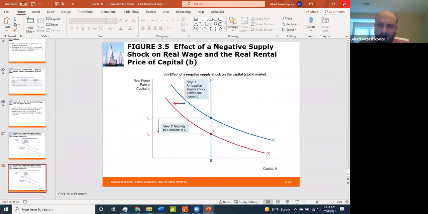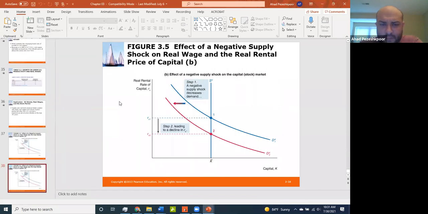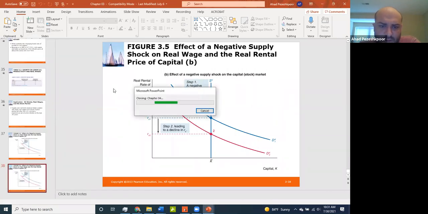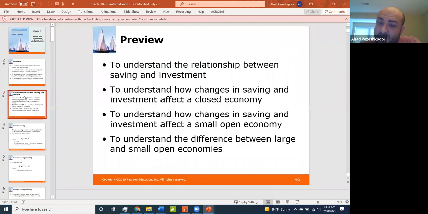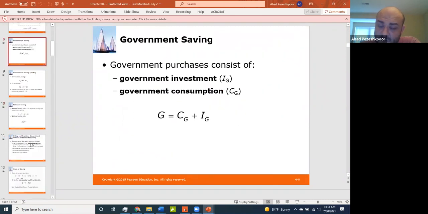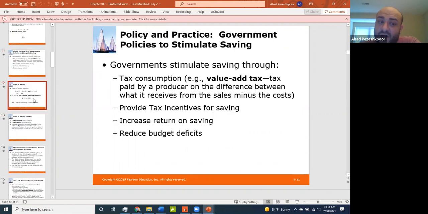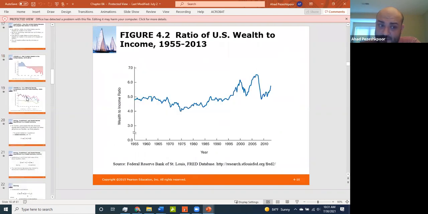And stuff that we covered before. So chapter 3, chapter 4, this investment and saving decisions. This is needed for our stuff in chapters 9 through 12 to make sense.